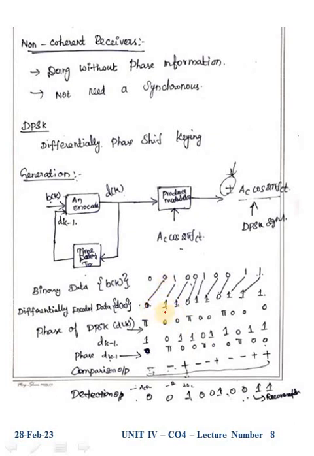So after one delay it is going to be 1, then 0, then again 1, 1, 0, 1, 1 and 1.